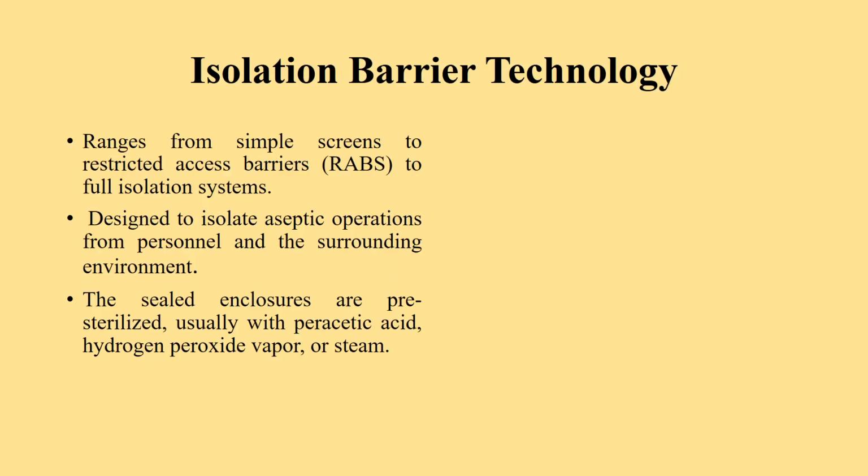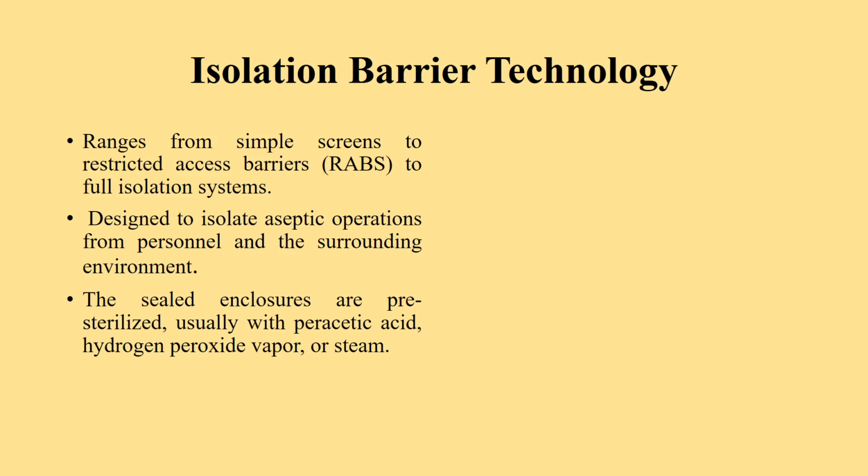Isolation barrier technology. This technology is present in the aseptic area. The isolation barrier ranges from a simple screen to a restricted access barrier to a full isolation system, designed to isolate aseptic operations from personnel and the surrounding environment.